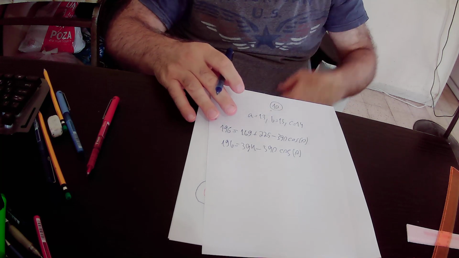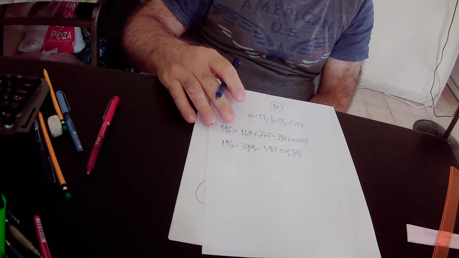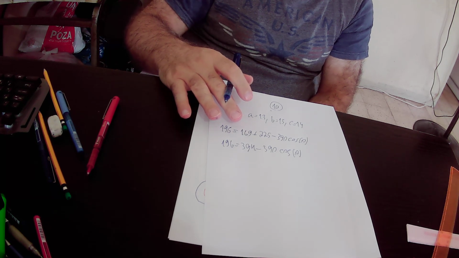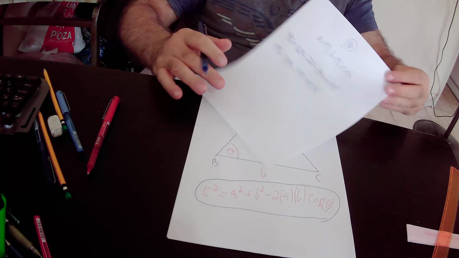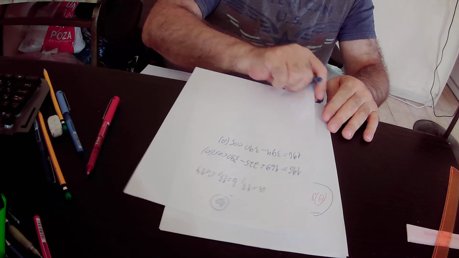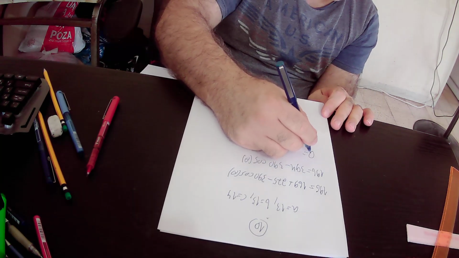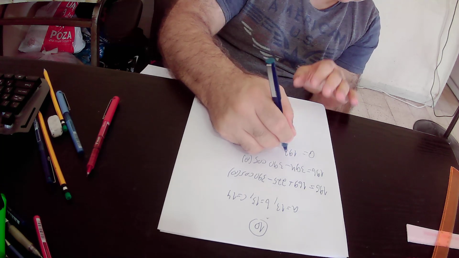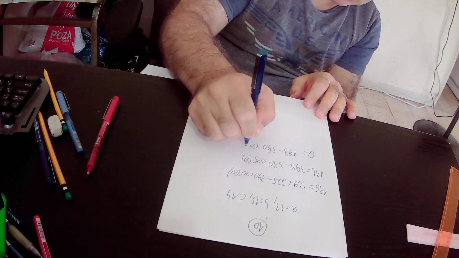Here we will subtract 196 from this equality, and we will get that 0 equals 198 minus 390 cosinus theta.